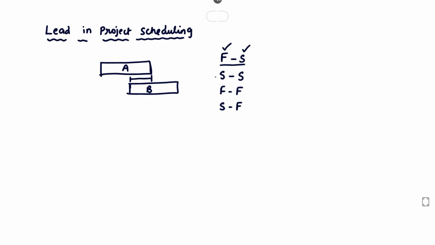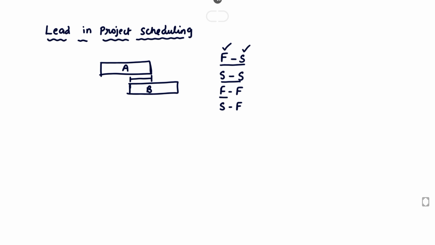Next, the activities will be started concurrently. We don't bother about the finishing time. Only the starting of the first activity will be the starting time of the second activity, so that is called start to start.